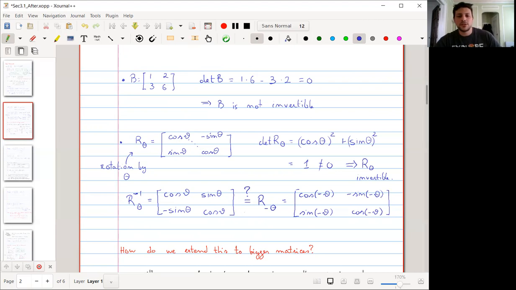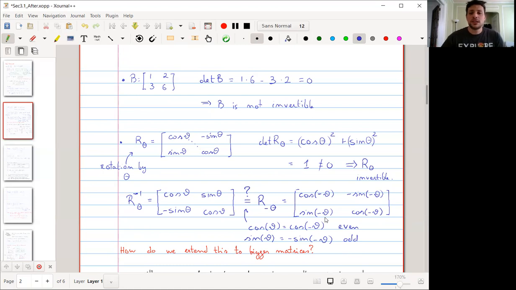And in fact, you can see that these two match by some of the definitions of cosine and sine, because cosine of theta is the same as cosine of minus theta. In other words, cosine is an even function, and sine of theta is equal to minus sine of minus theta. In other words, sine is an odd function.